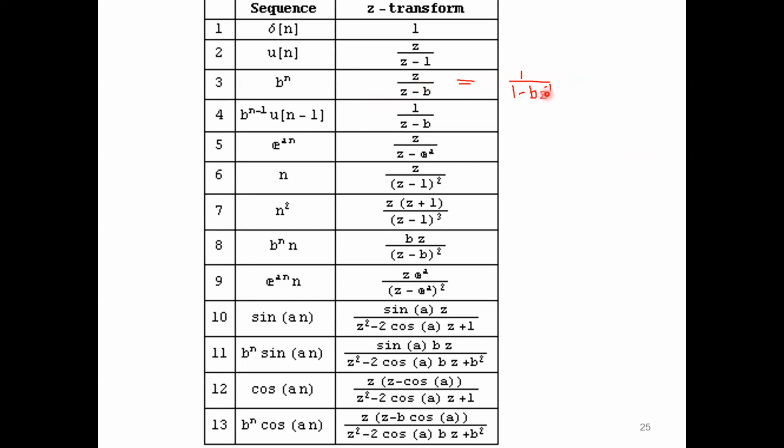We prefer to have z^-1 than z. But mathematically speaking, there's no difference at all. So when you see this format as one of the partial fractions, you are very happy because you know that the inverse is b^n in the time domain.